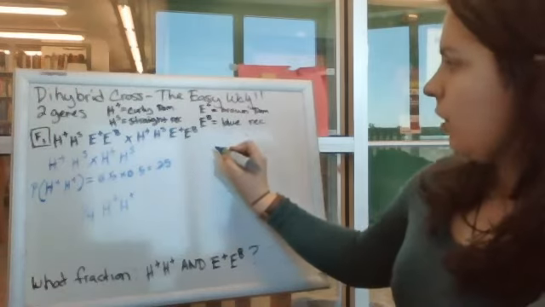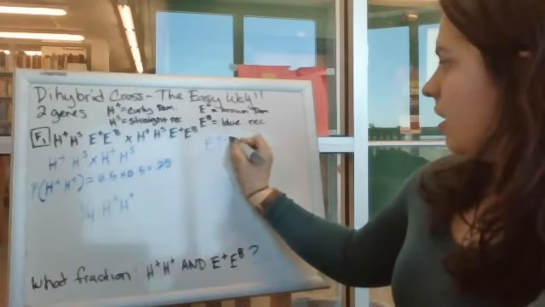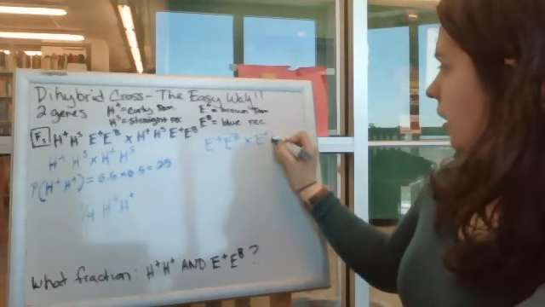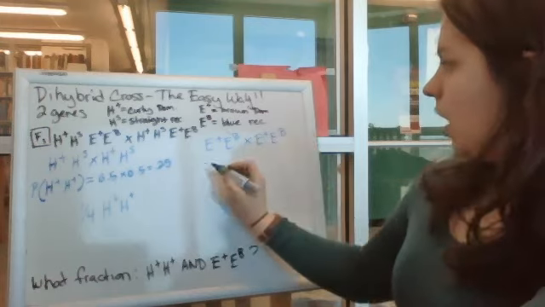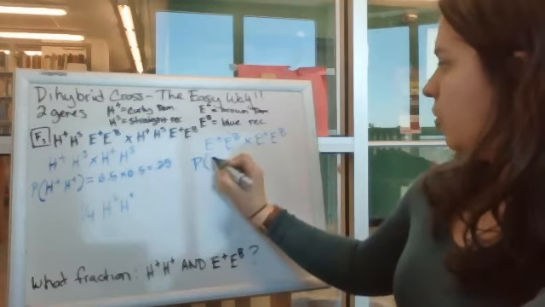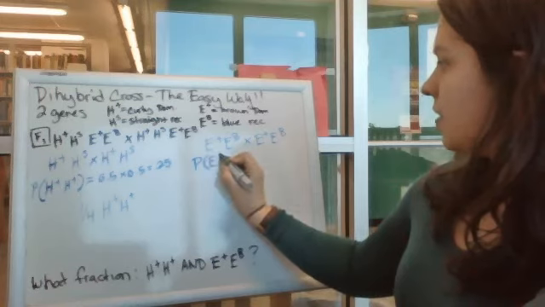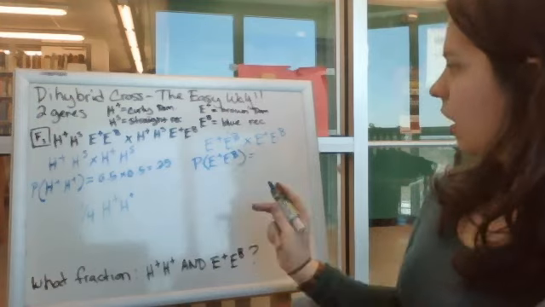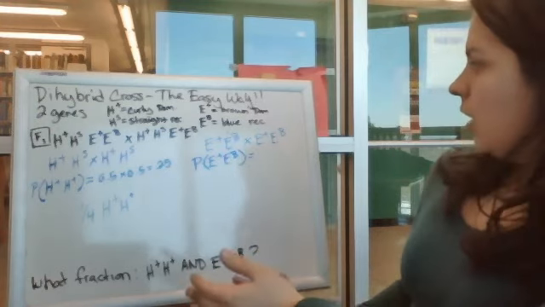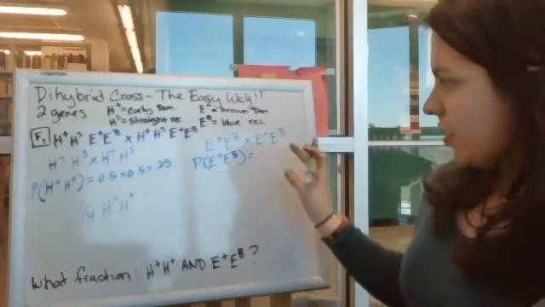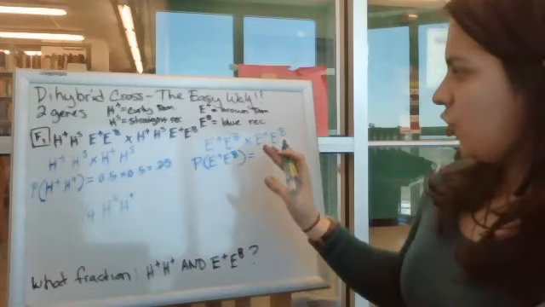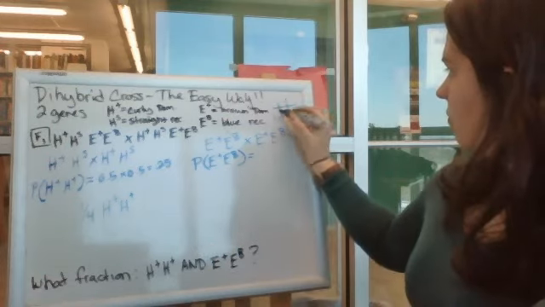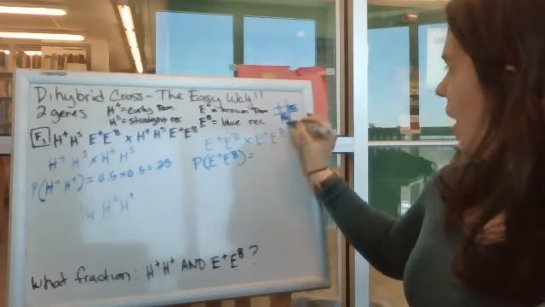Now we're going to do the same thing for E plus EB, right? So we want to know when we cross E plus EB with E plus EB, what is the probability that you get a heterozygous, E plus EB, like their parents? So we know that when you do out that Punnett square, you're going to get two of those squares that'll be heterozygous, so this square and this square are going to be heterozygous.